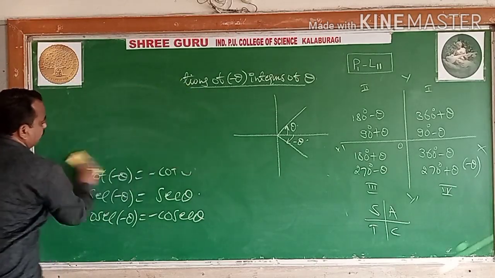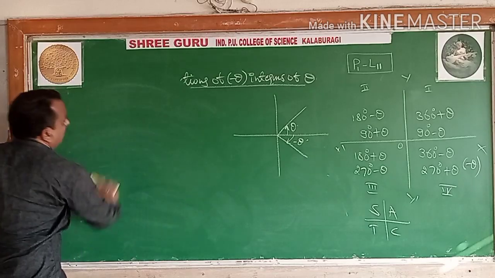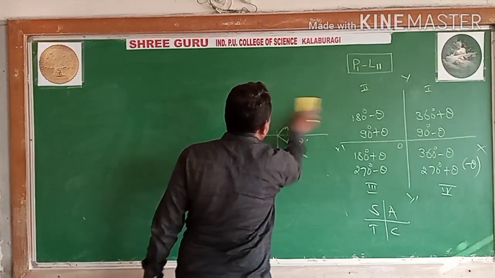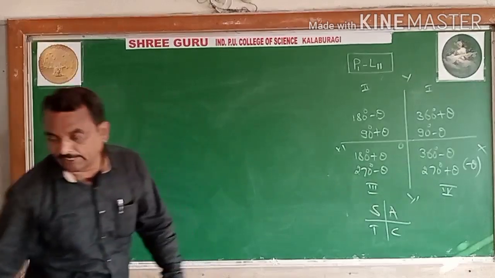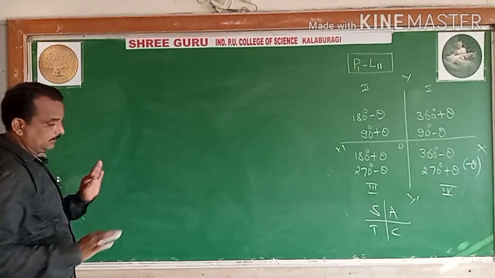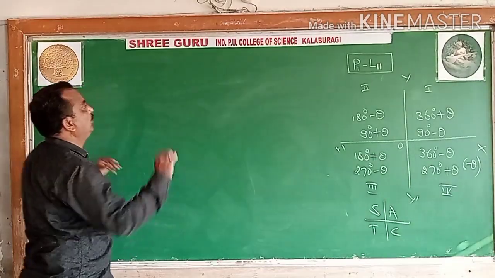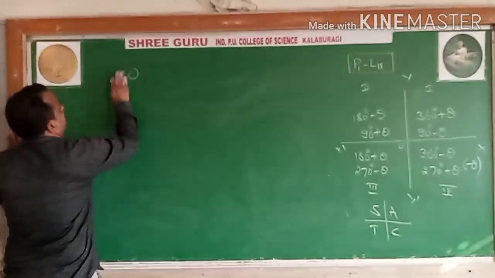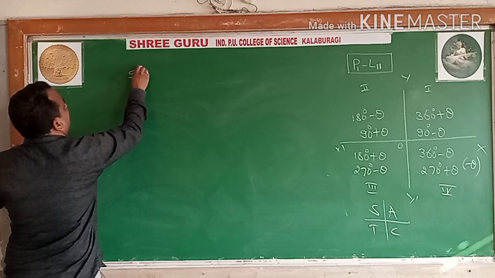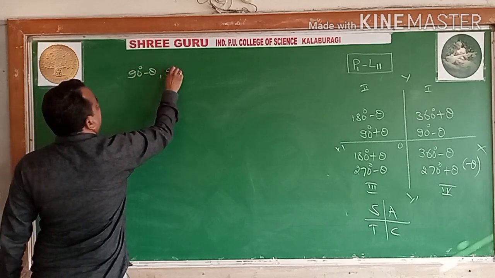Now let us see, students, how to remember all these 9 allied angles. You should remember all these 9 allied angles. There are 3 points. You should remember the 3 points. It is enough to write all the angles. Let me first write all the allied angles here.